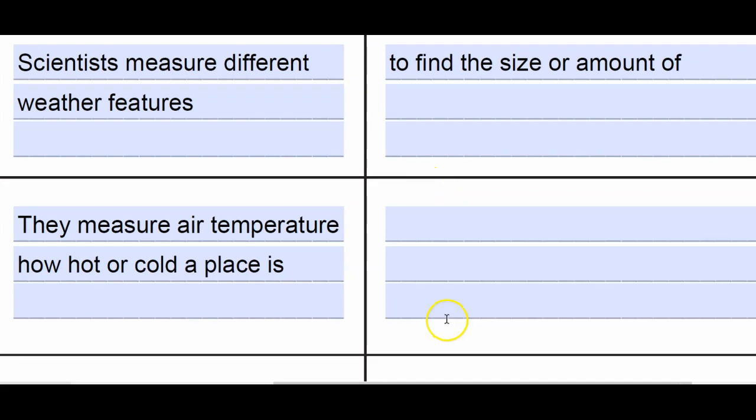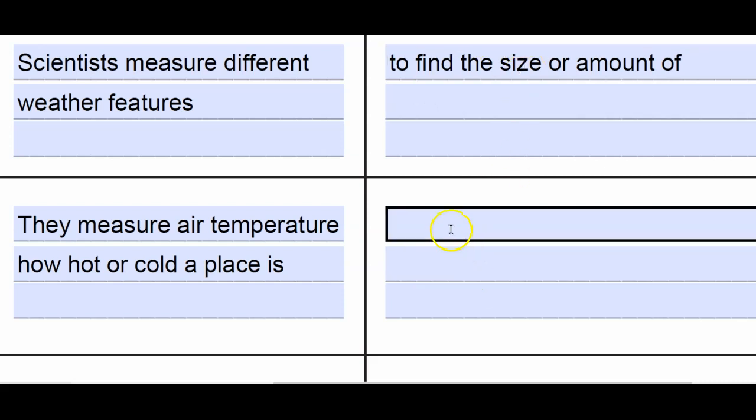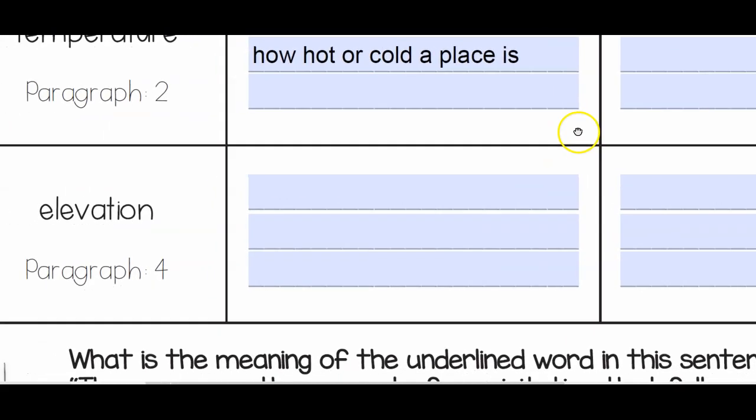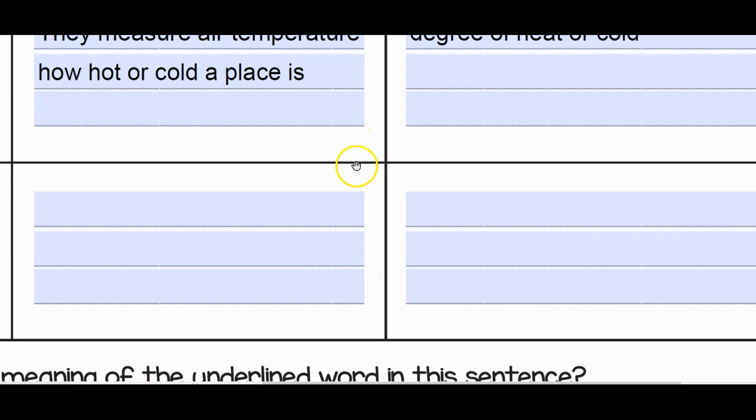And the definition, yeah, that was correct. This one here is degree of heat or cold. So a thermometer has numbers, right? Those are called degrees. So today we said that at 8:45, how cold was it? 40 degrees, right? Okay. And then elevation, don't worry, I'll go back and do the other one, okay?